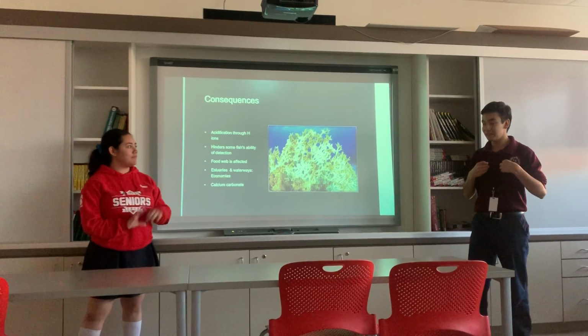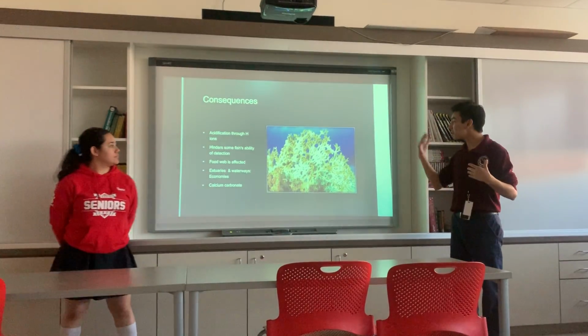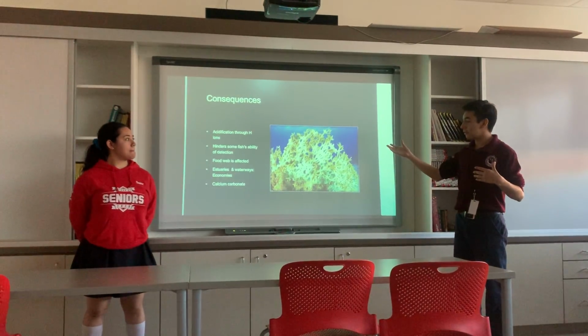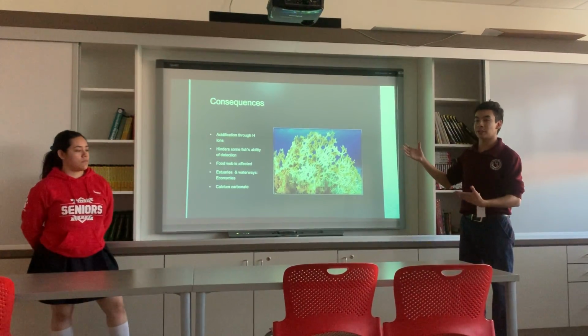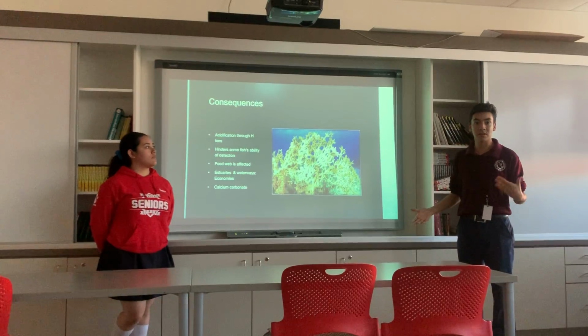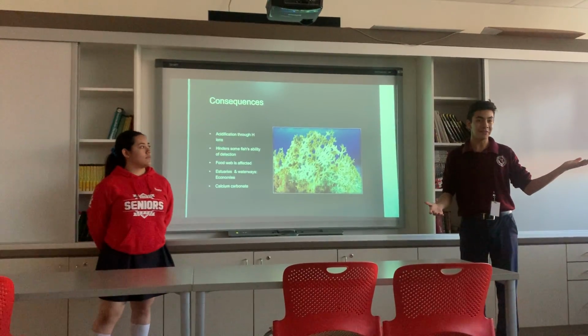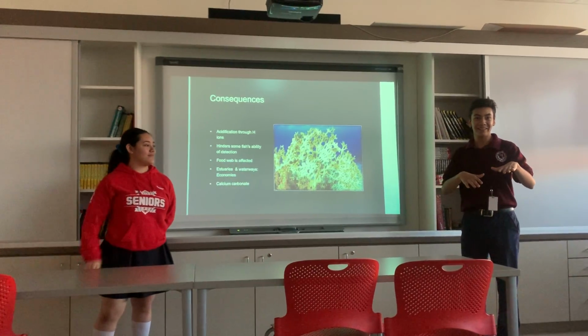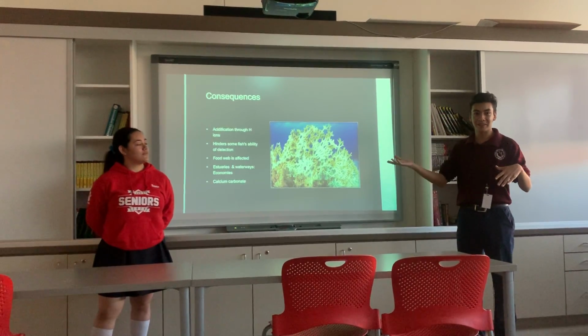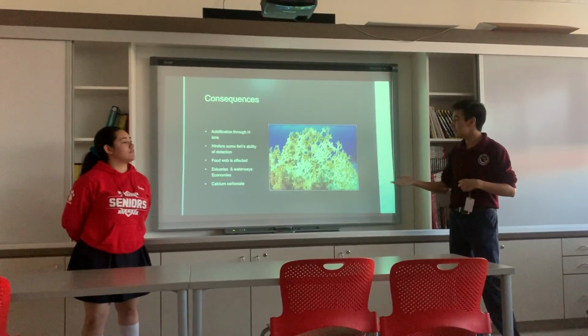Another thing that is affected is corals. They're a big habitat. Many animals live in them, and they actually serve as protection. For example, I don't know if you've seen Finding Nemo. They hide in an anemone so that the predators can't kill them.